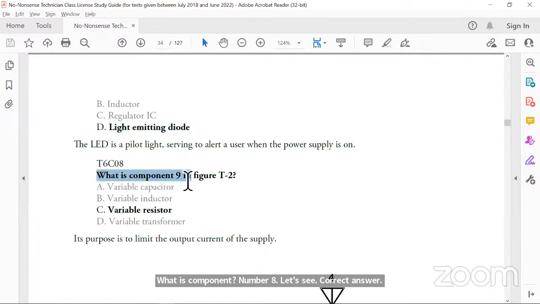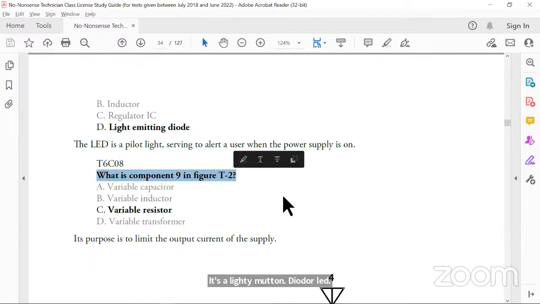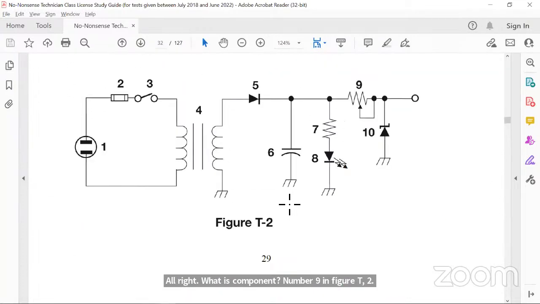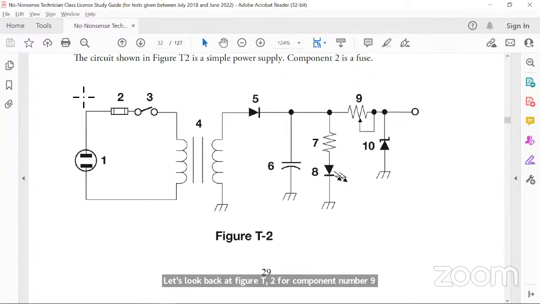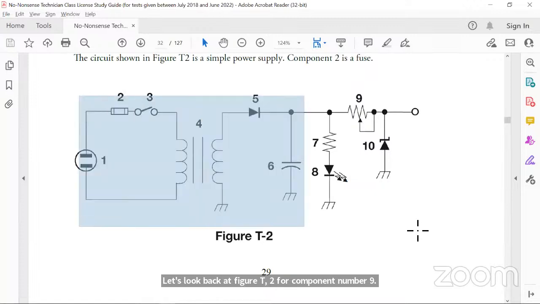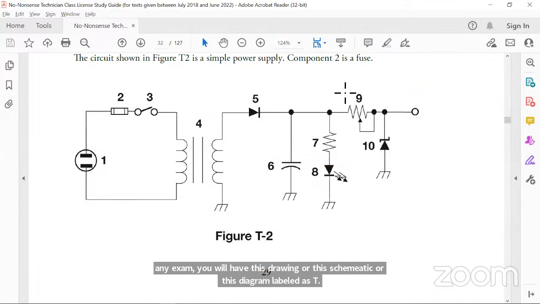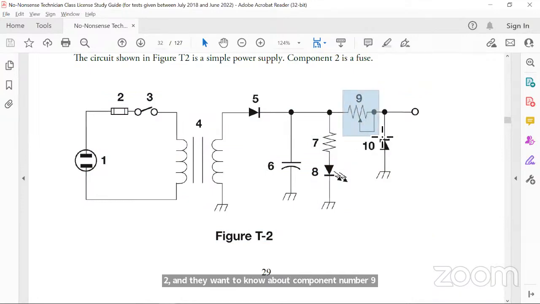All right, what is component number 9 in figure T2? Let's look back at figure T2 for component number 9. So in your exam, you'll have this drawing or schematic or diagram labeled as T2. And they want to know about component number 9. Component 9 is a resistor, but what kind? It's a variable resistor.